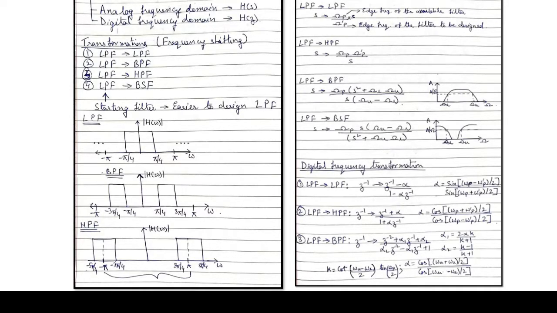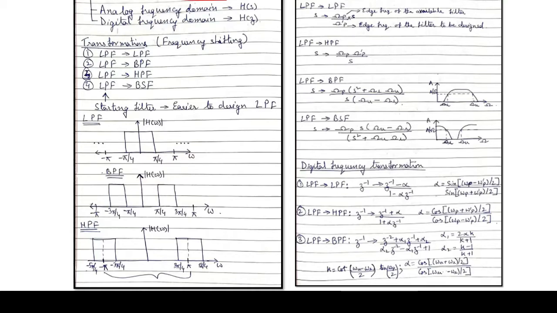So let's move to the next topic, filter designing by the frequency transformation method. We have already talked about that when we are dealing with digital filters, we are basically talking about two frequencies, the analog frequency and the digital frequency.